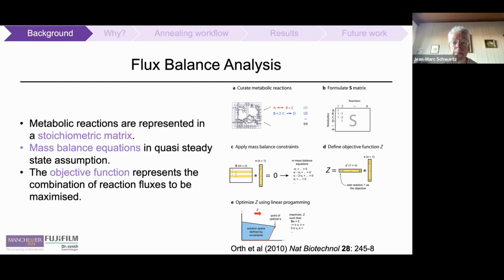We have the previous constraints, so all the mass balance constraints and, for example, maximum capacities and so on, that determine a certain solution space shown in blue. Once we define an objective function, we are looking for the optimum of this objective function, and that's the result of FBA.